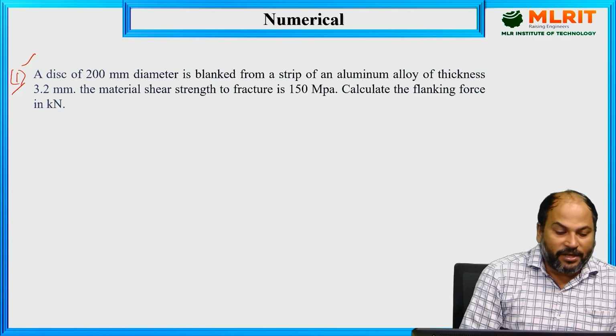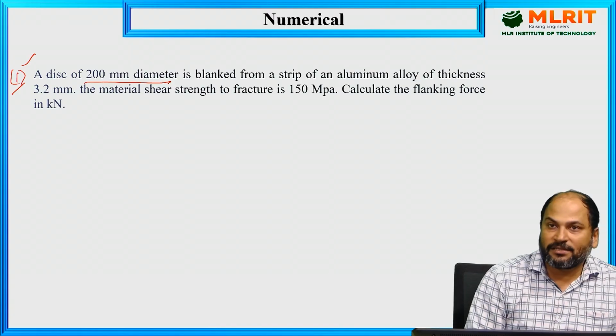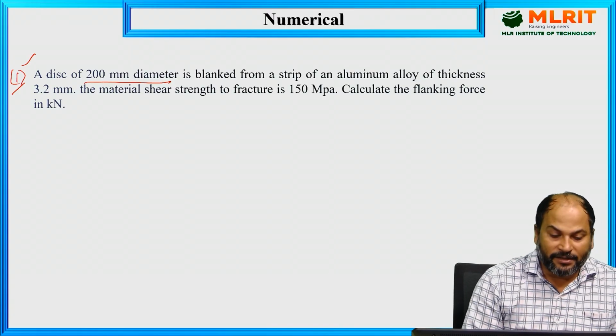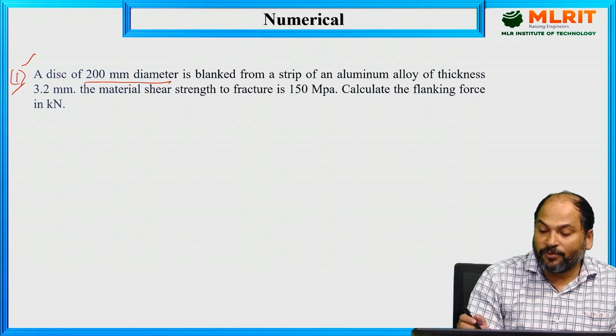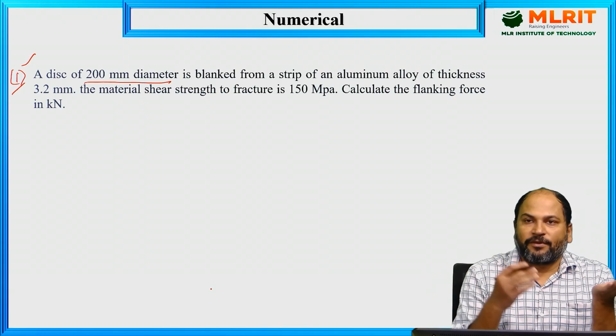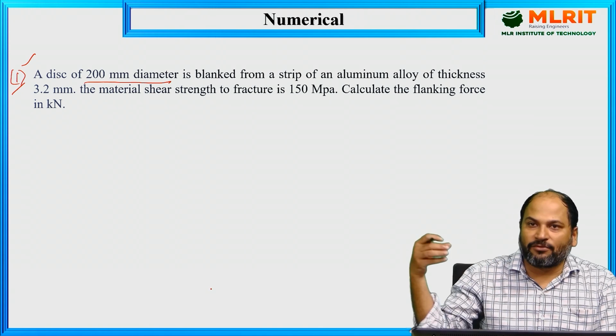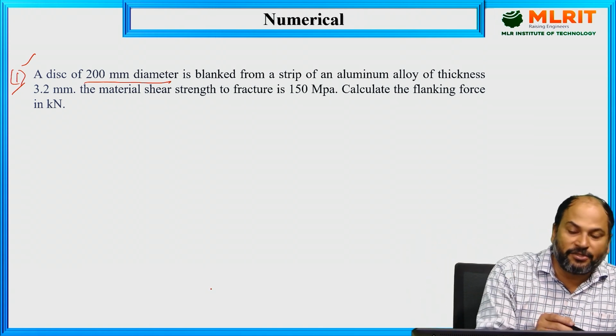Just see this one: a disc of 200 diameter is blanked from a strip of aluminium of thickness 3.2. There is a strip of aluminium, and from that we have blanked out, meaning punched out, a disc whose diameter is 200.